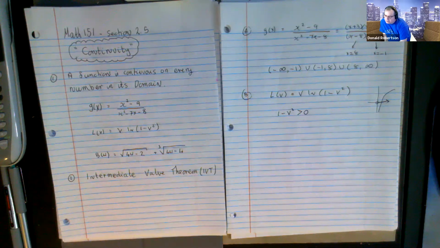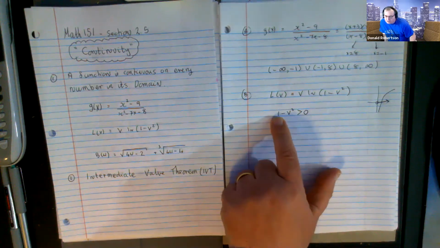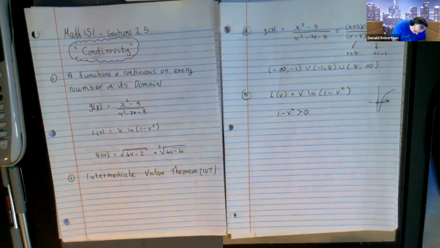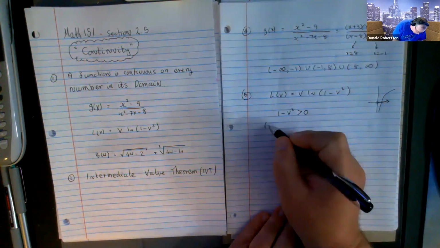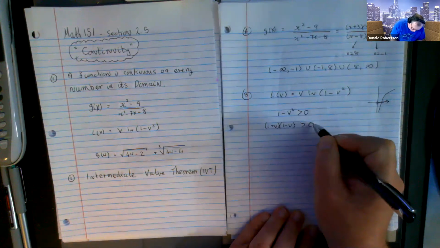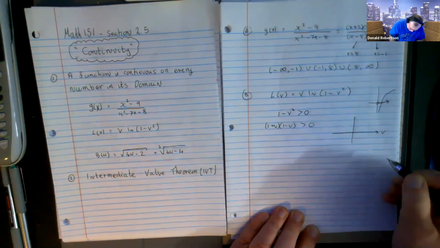So far, so good. So I need to find out what values of v make 1 minus v squared positive. Well, I could do 1 plus v times 1 minus v greater than 0. Or I could just do a little sketch of what that might look like.